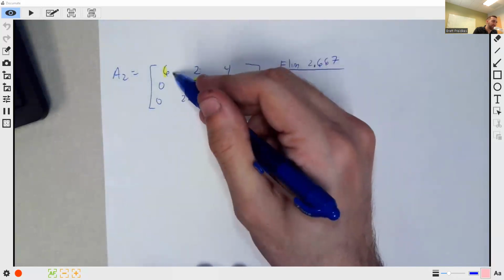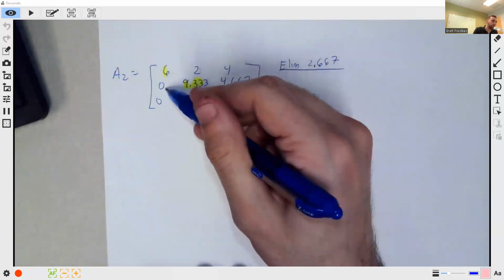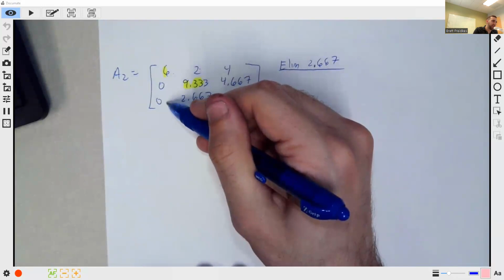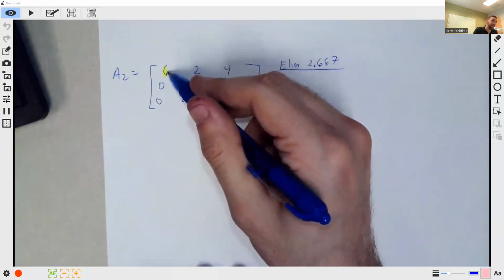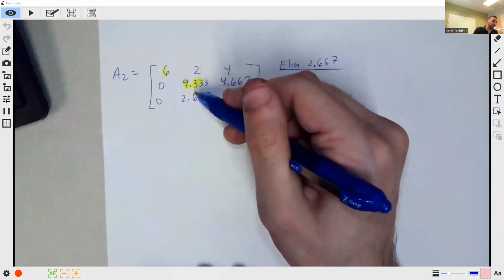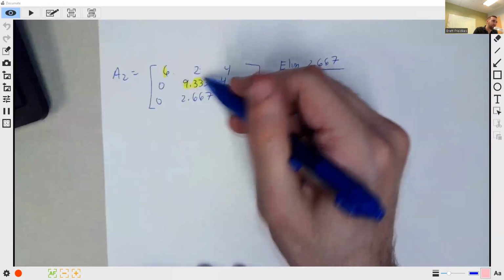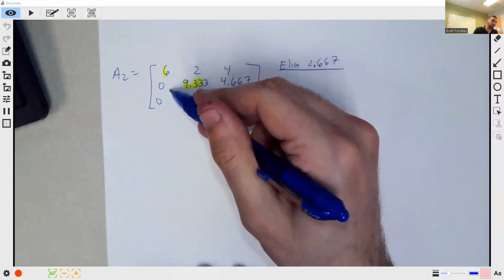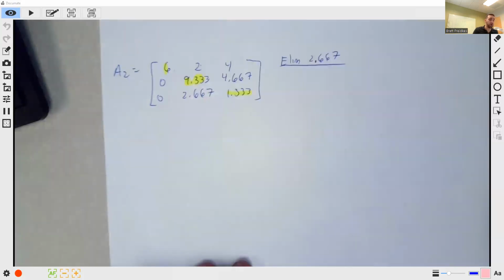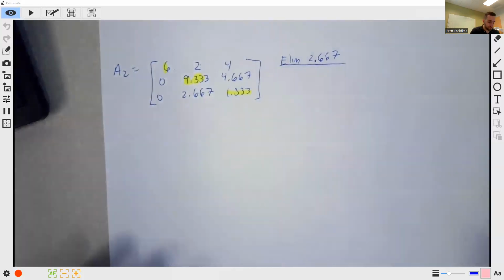You'd have 0 minus some value, and this becomes non-zero, and that's a problem. We want these to stay 0. So if this is changing because we're subtracting something that's non-zero, that's a problem. So that's why we reference this to this, because this first element is 0 already. 0 minus 0, no matter what the multiplier is always going to be 0. So that doesn't cause us to backtrack, essentially.